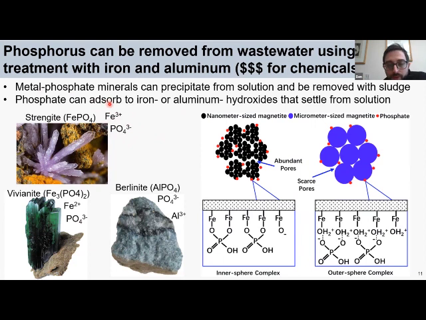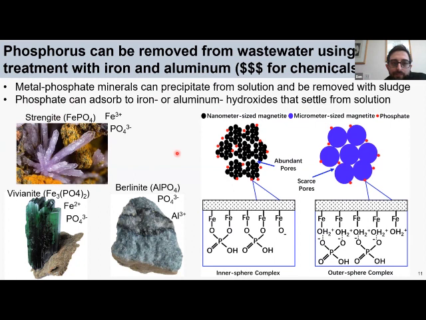So you can add iron and aluminum to a wastewater containing phosphate, and you can precipitate these minerals. That's a way to remove it from the water because it will fall out into a sludge. It can also adsorb to iron and aluminum oxides. So the idea is that if you add iron or aluminum to water, you can remove phosphate from its dissolved form. But that's also expensive, right? You have to buy these chemicals and add them to the wastewater.